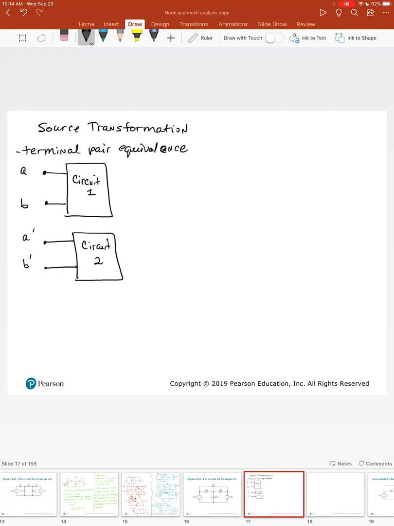Circuit 1 is connected to terminals A and B. Circuit 2 is connected to terminals A prime and B prime.